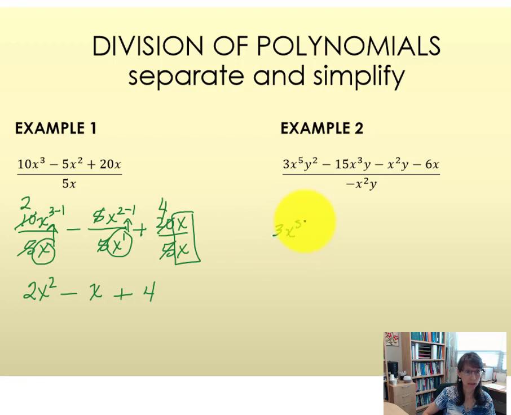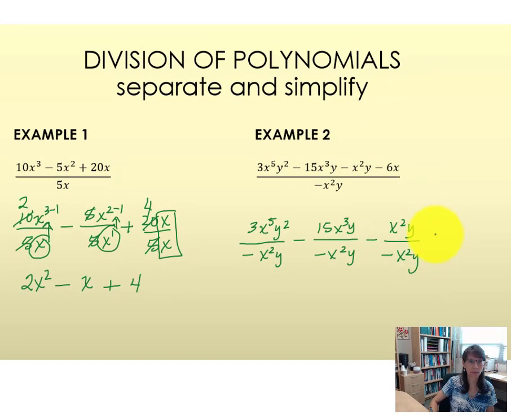So we have 3x to the 5th y squared divided by negative x squared y, minus 15x cubed y divided by negative x squared y, minus x squared y divided by negative x squared y, minus 6x divided by negative x squared y.